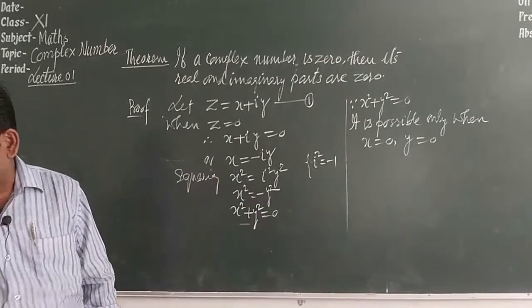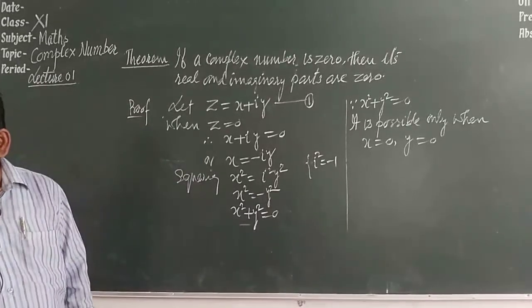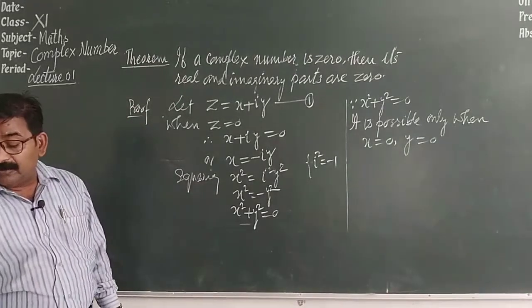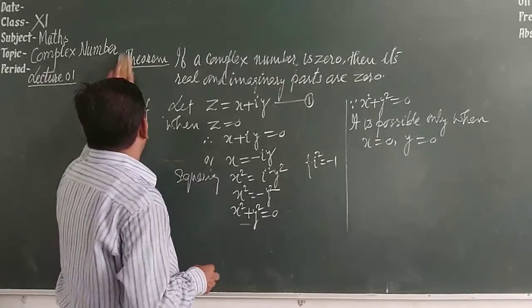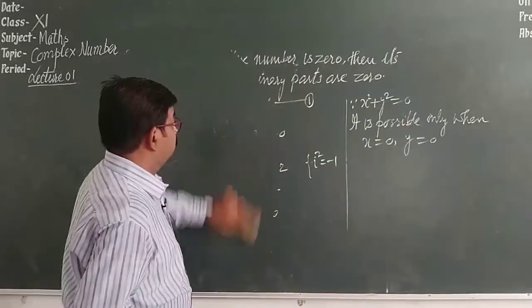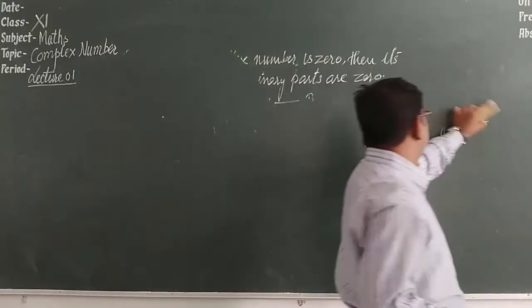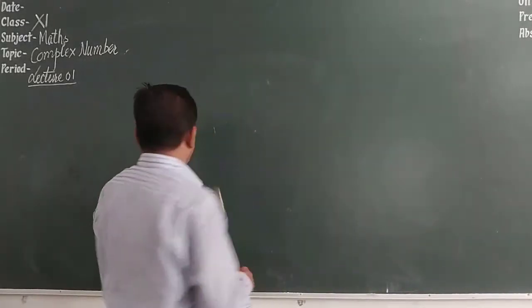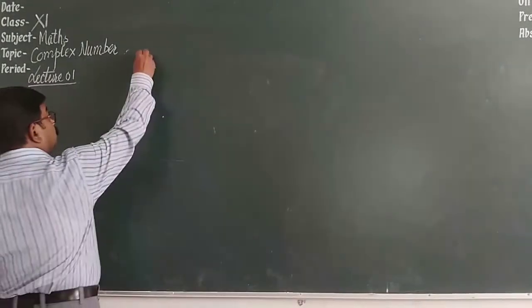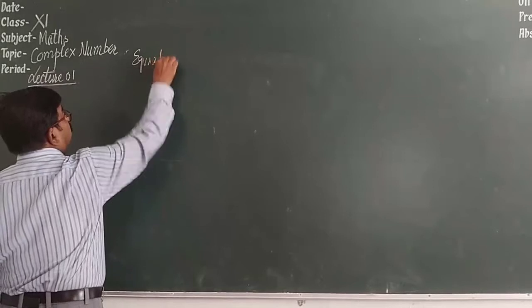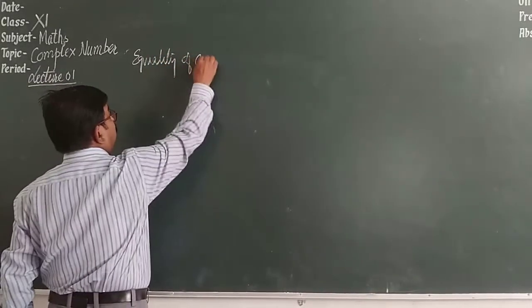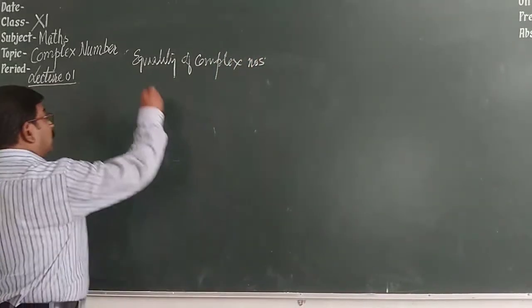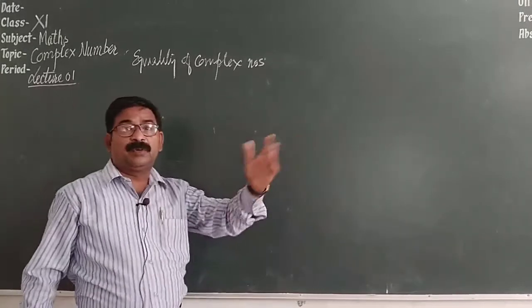Now equality of complex numbers. Equality of complex numbers means in which case two complex numbers are equal.